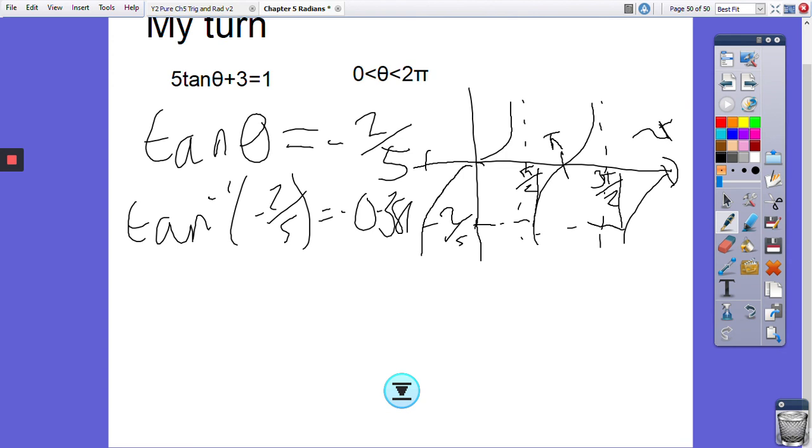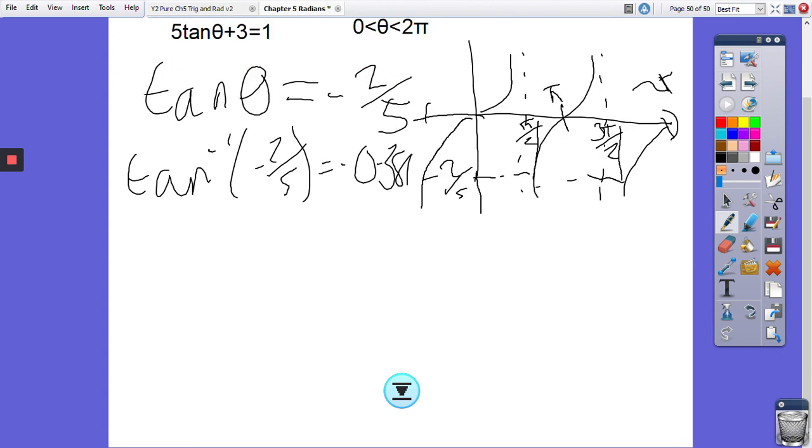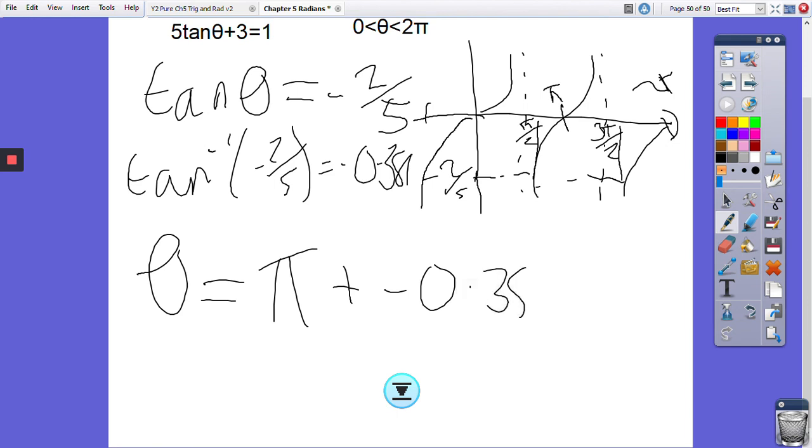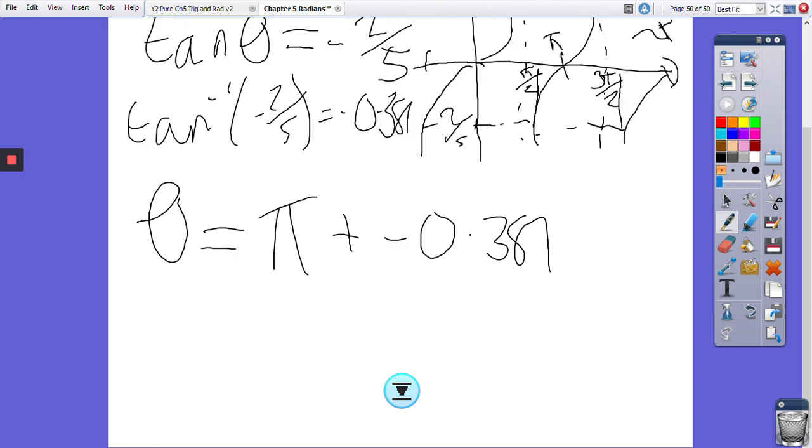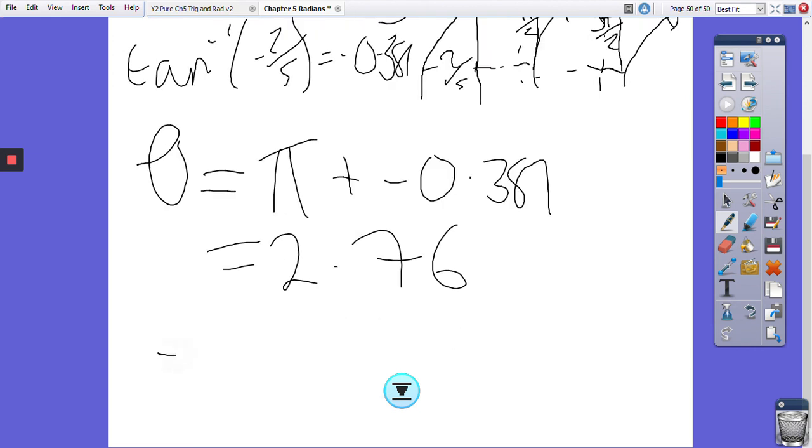So what we're going to do is the first value is going to be theta equals pi plus minus 0.381, which is 2.76, and the other value you're going to add on 2 pi.